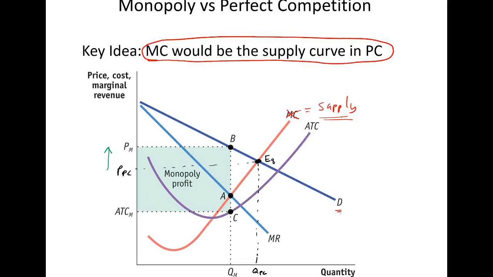And then what else happens? Well, the quantity sold in the market by the monopoly versus the quantity sold in perfect competition is lower. That's like the textbook definition of what's not good for consumers: higher prices and lower quantities. And so that's a key difference or key impact of having a monopoly.